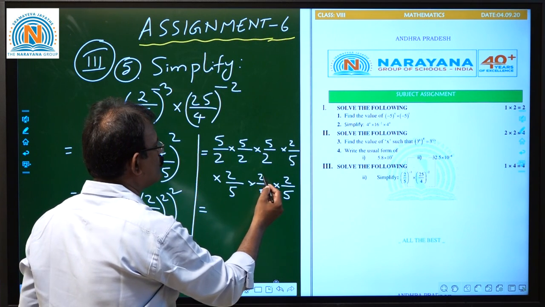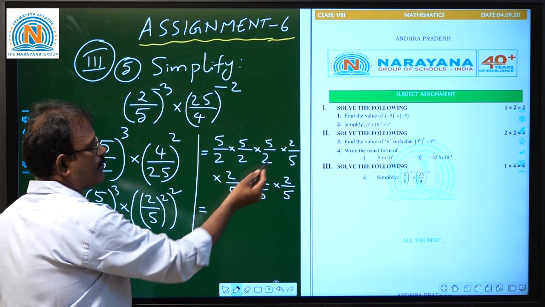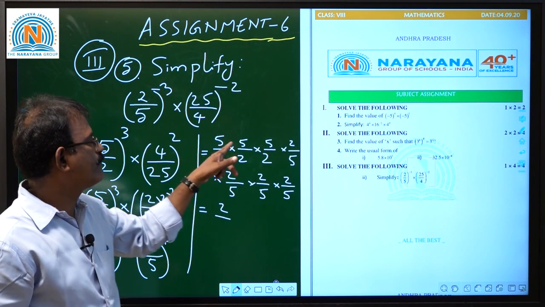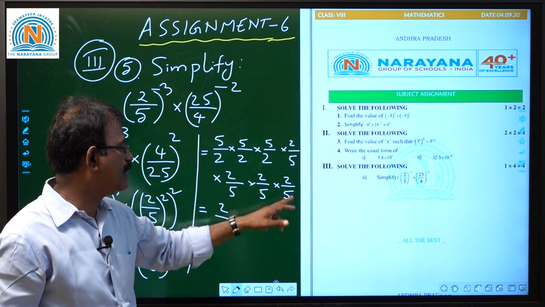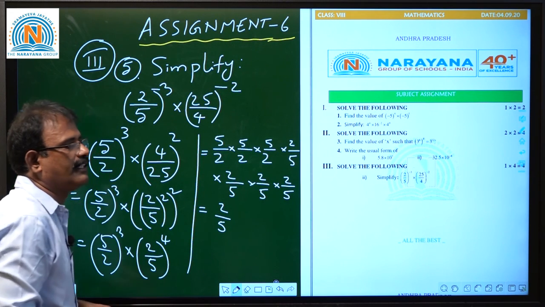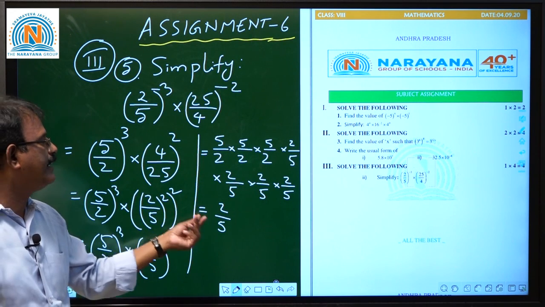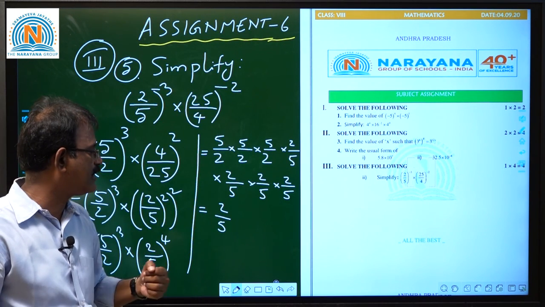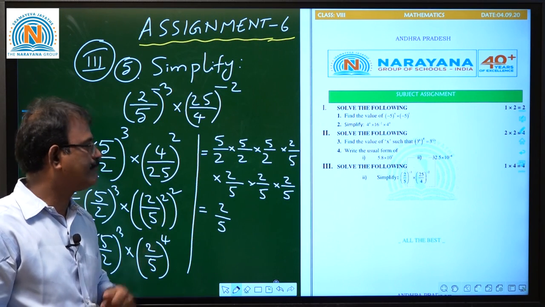If you cancel 3 twos in the denominator, the numerator has 4 twos, so 1 two will be left in the numerator. And numerator 5 raised 3 times, denominator 5 raised 4 times, so we have 1 five left in the denominator. So what is the simplified form of 2 by 5 whole power minus 3 into 25 by 4 whole power minus 2, children? This is 2 by 5.